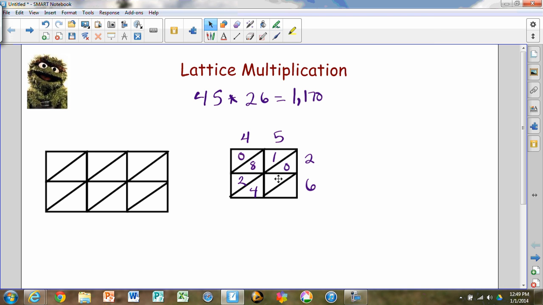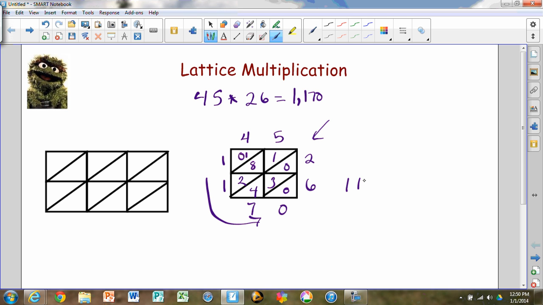And 5 times 6 is 30, 3, 0. We're adding in this direction, and 0 and nothing is 0. 4 plus 3 is 7. 8 and 2 is 10, and 1 more is 11. So 1 would go there, and then you bring the next one up, and 1 plus 0 is 1. And there is our answer right there, 1,170.